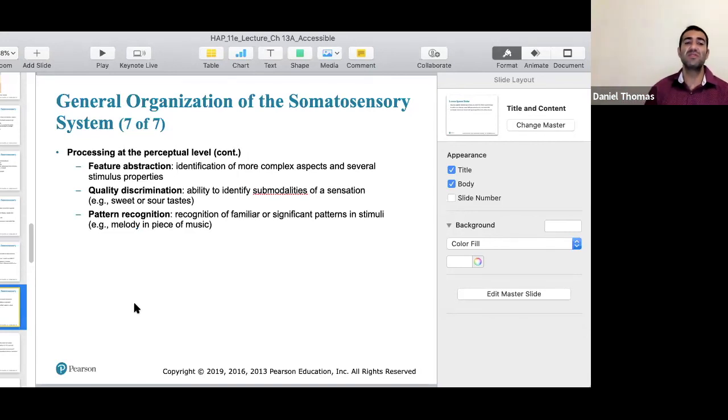Next is called feature abstraction. This one is kind of interesting. There's certain receptors that can detect many different complex things. For example, it can determine what kind of stimulus this is, and what is the pattern of it? I know that doesn't make a whole lot of sense, but it is a bunch of different aspects of neuronal communication, all detected by the same neuron.